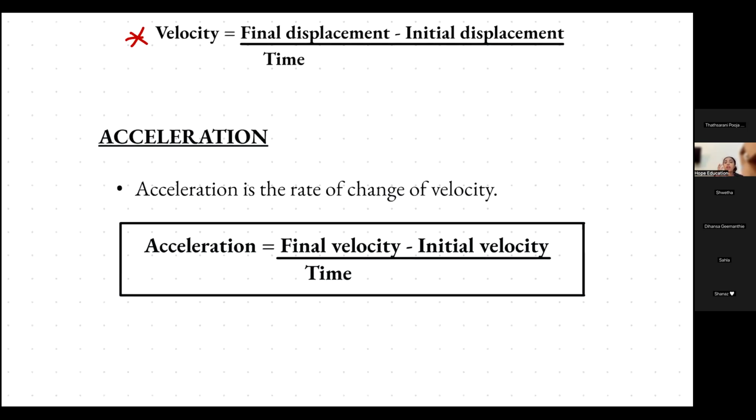That means velocity change when we divide it by the time and we get acceleration.